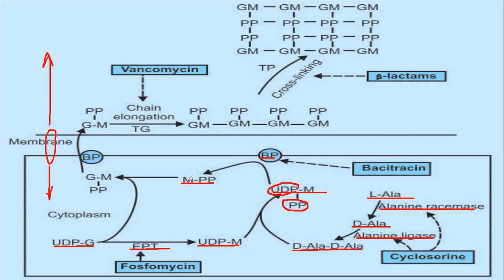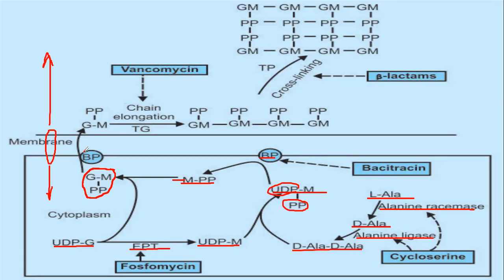Then to this unit, you attach the N-acetylglucosamine, and you simply remove the UDP from the UDP N-acetylglucosamine and add that. These are the cell wall subunits, the functional units of the bacterial cell wall. All these reactions are occurring in the cytosol.